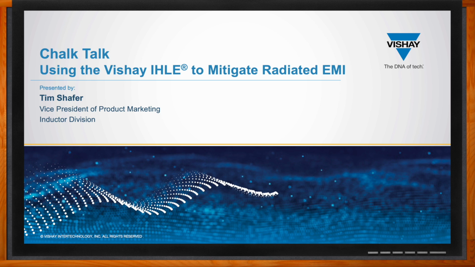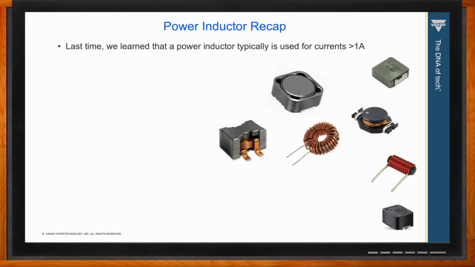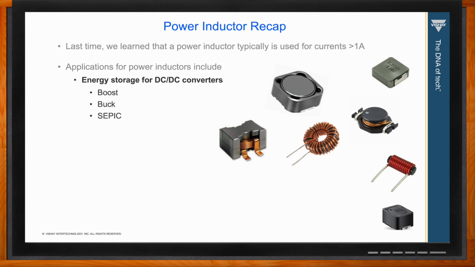Sure, Amelia. A brief overview of the power inductors will help us clarify our goal on how to use the IHLE product to reduce radiated EMI. So recapping, last time we learned that a power inductor typically is used for currents greater than 1 amp. The applications include energy storage for DC to DC converters, and that can be your boost, your buck, or your SEPIC converters, which are called buck boost converters most of the time.